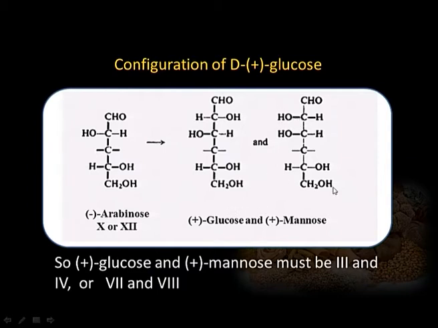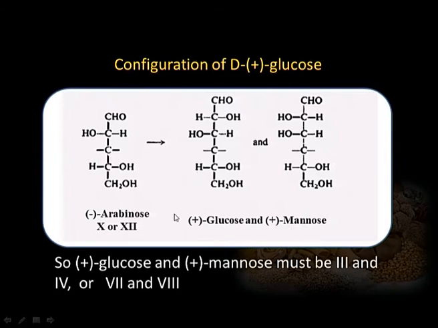Which is glucose or mannose is not known, but these 2 must represent the pair plus glucose and plus mannose. The configuration for the lowermost asymmetric carbon atom we are keeping fixed on the right side, and on carbon number 3 the hydroxyl position has to be on the left side, and then on carbon 2 it is either right or left depending upon whether it is glucose or mannose.